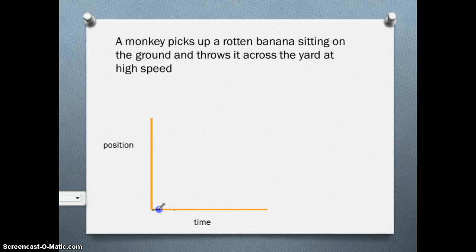The monkey is kind of slowly walking, stops to pick up the banana, might change here just a little bit, and then throws the banana at high speed. I know it's not a great line, but this is where that monkey stops and picks up the banana to throw the banana.